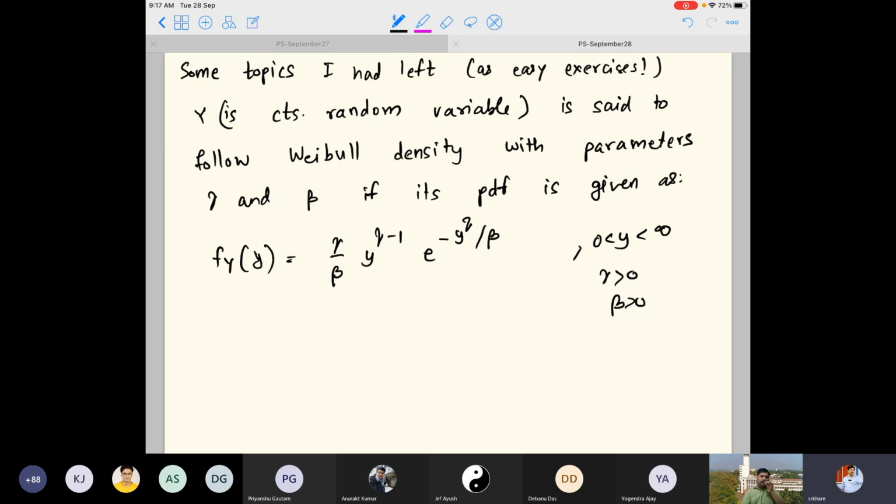And the PDF is equal to 0 otherwise. So if you have this density, then you get this. It's looking difficult, right? It's looking weird, but if you take gamma equal to 1, what happens?